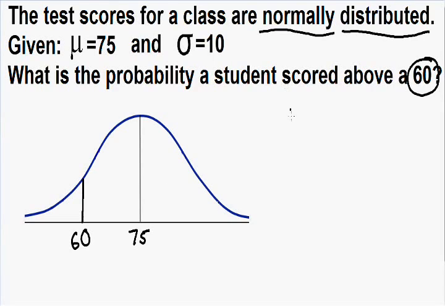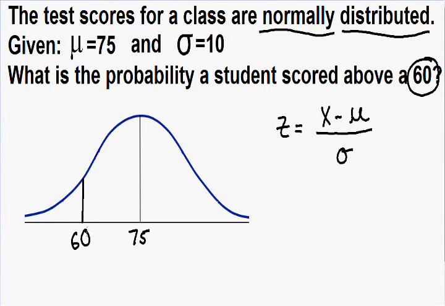So the formula that we need to use to find the z-value for any point on the curve is equal to any value x minus the average, which is the Greek letter mu, all divided by the standard deviation. So this is the formula that you should memorize. So write this down. This is the formula to find the z-score for any value on the curve.